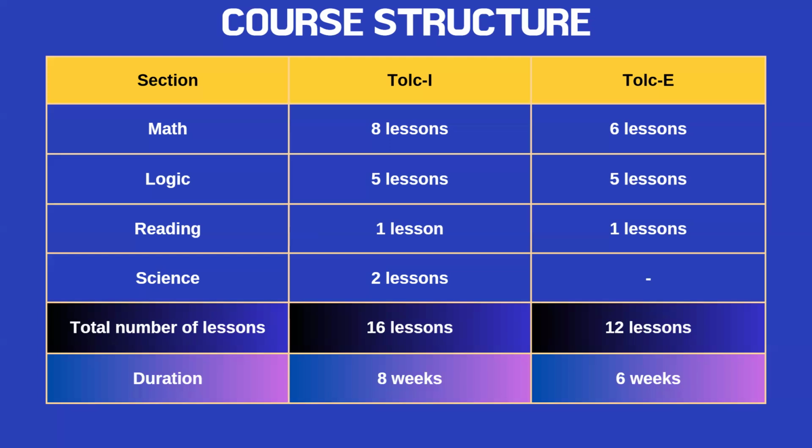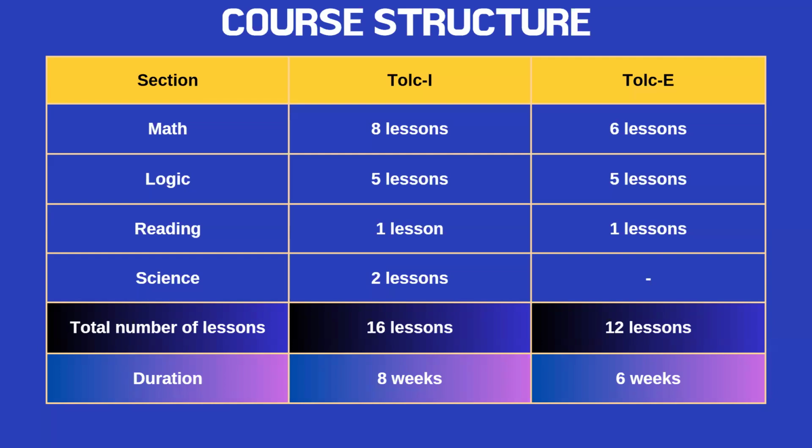In science, 2 lessons are more than enough. For TOLC-I, we'll have 1 chemistry lesson and 1 physics lesson. In these lessons, we'll practice all possible questions that you can get in your TOLC exam. I will share a lot of materials, a lot of recordings from last year where I taught a lot of physics and chemistry.